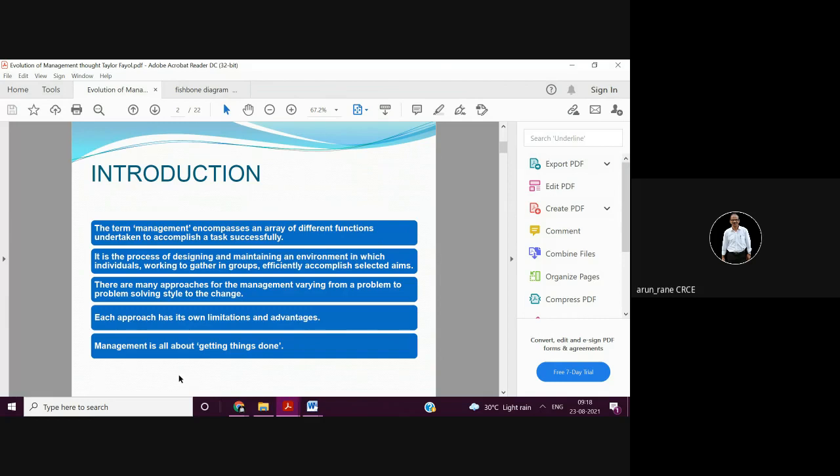So management is nothing but you have to get the things done. You talk about the core, but after 2 or 3 years, it is nothing but you have to manage the show. You have to get the things done if you are on the shop floor or in production. If you want to go into the core, then you have to go for activities like research and development or design.